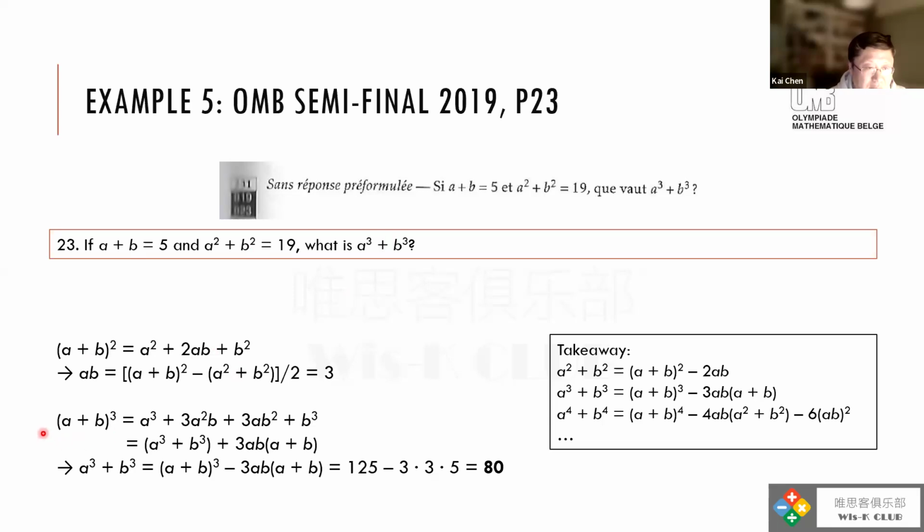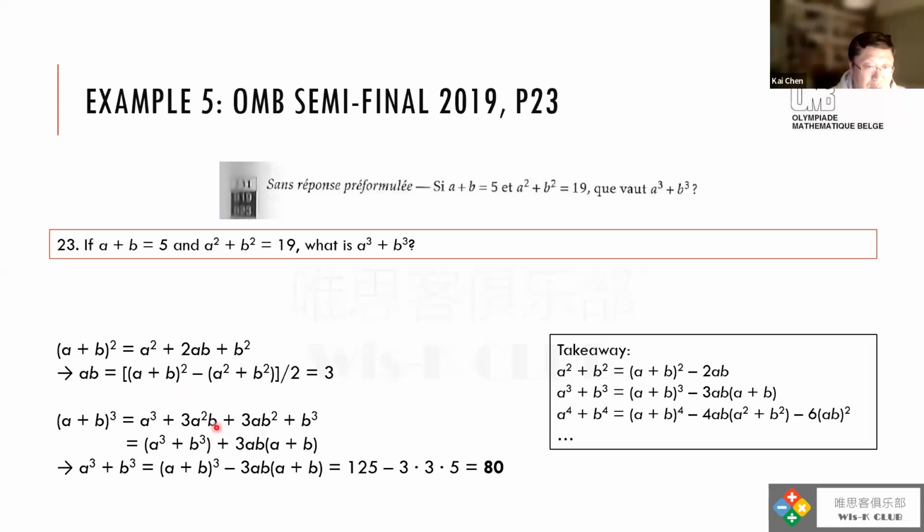We also have an identity here. A plus B in brackets cubed is the cube of A plus the cube of B plus 3 times A squared B plus 3 times A B squared. This is the sum of cubes, which is what we are looking for.